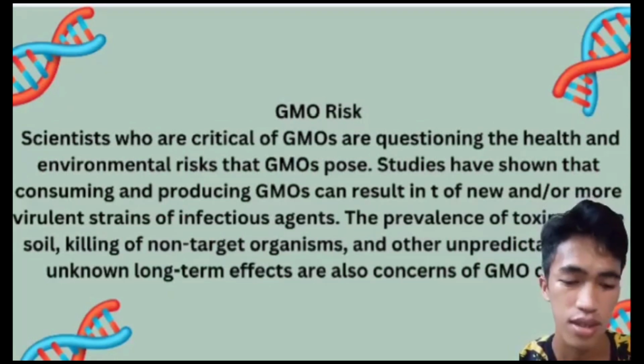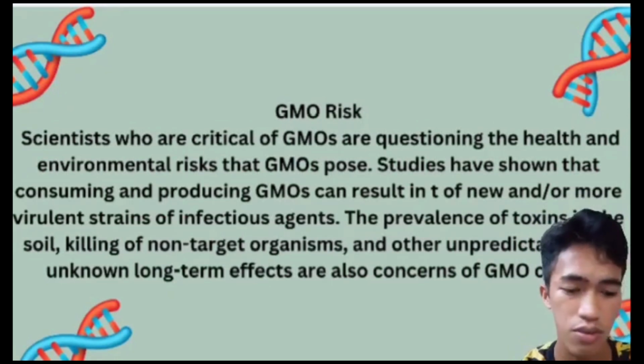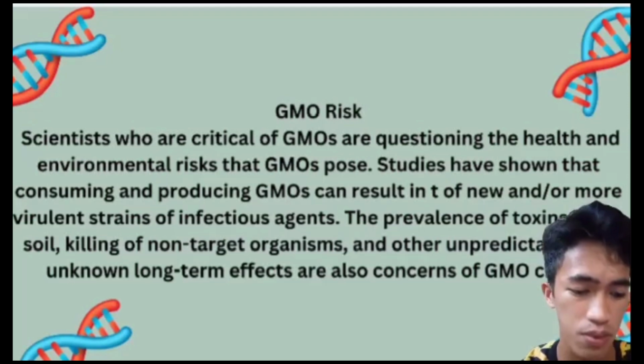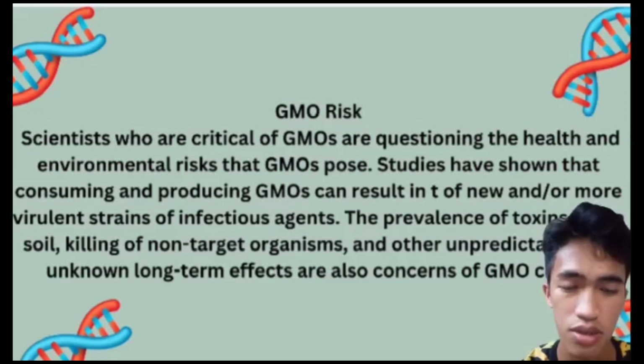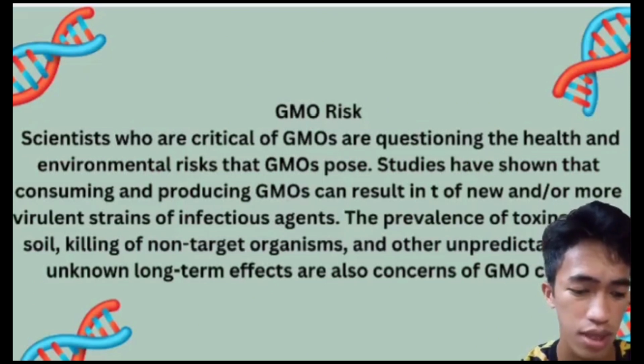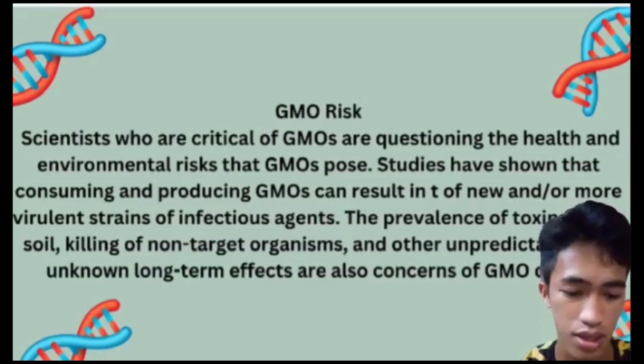GMO risk. Scientists who are critical of GMOs are questioning the health and environmental risks that GMOs pose. Studies have shown that consuming and producing GMOs can result in new and more virulent strains of infectious agents.